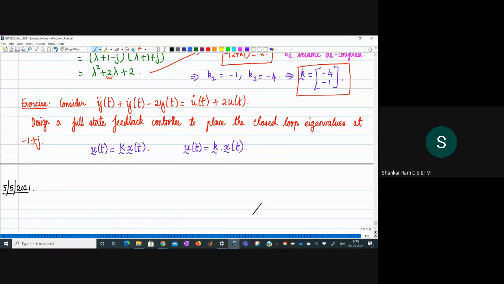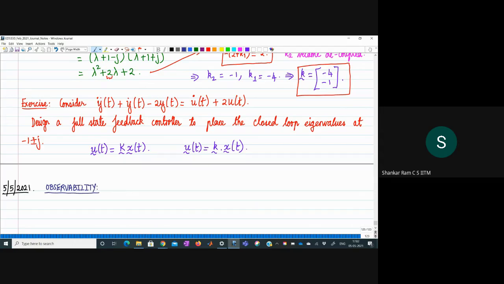In today's class, we will look at another so-called structural property of dynamic systems when we look at the state space representation, and this is what is called observability. We'll define what this is, what its physical, practical connotation is, and how we then evaluate it.